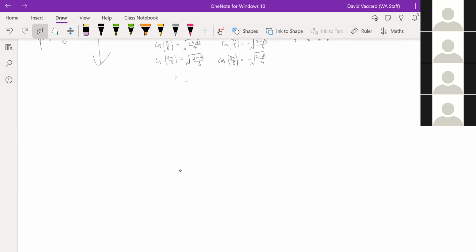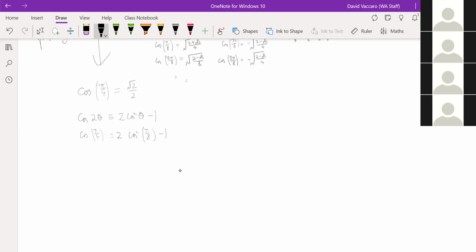So we know that cos of pi over 4 is equal to root 2 over 2. If we wanted to get an expression for cos of pi over 8, we can use the double angle formula. So we can use cos 2 theta is equal to 2 cos squared theta minus 1. So if we apply this to pi over 4, we get cos of pi over 4 is 2 cos squared pi over 8 minus 1.